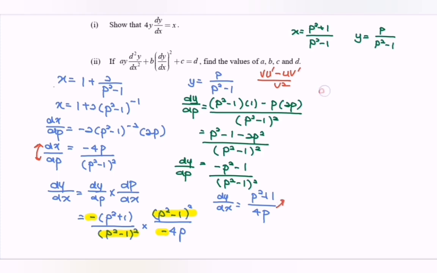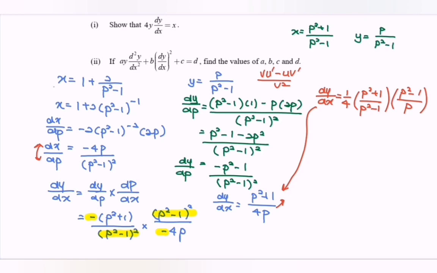Kindly rewrite this situation again. Here we have dy/dx equals 1 over 4 times (p squared plus 1) over (p squared minus 1) multiplied with (p squared minus 1) over p. If we simplify, we will have this kind of situation.